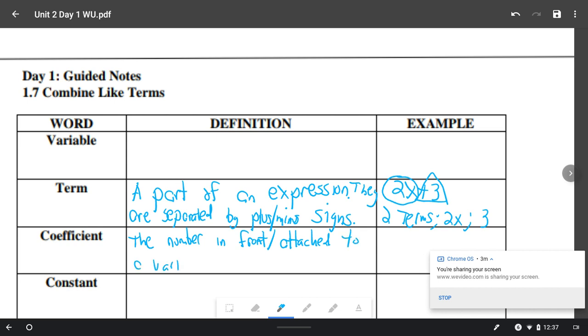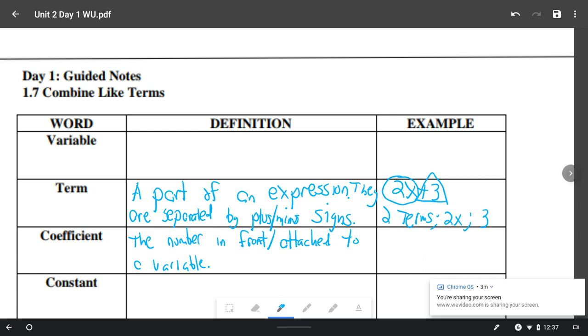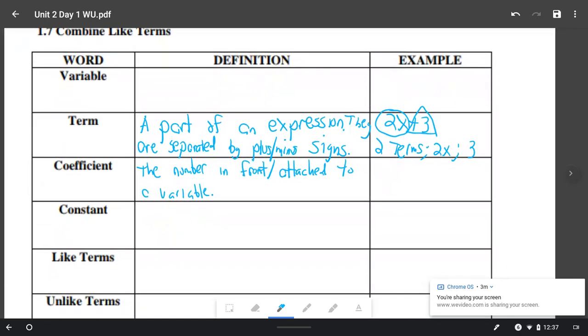So typically, if we take a look at this example 2x plus 3, again, as an expression, the coefficient that we see, and the only one that we see, is this 2 in front of the x, because that's the only thing that's attached or in front of a variable. The variable is a letter. So 2 is the coefficient.